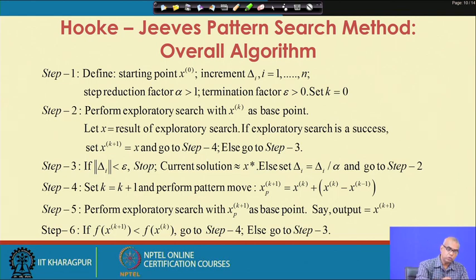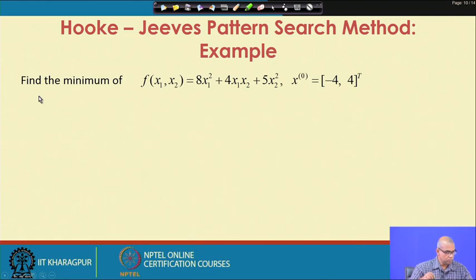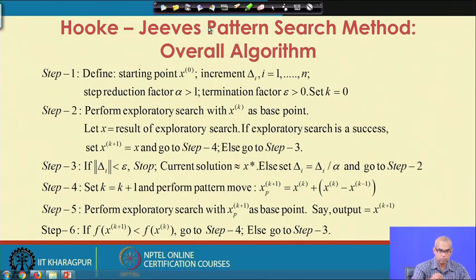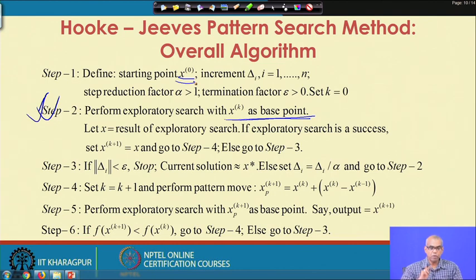Now, in step 2, you perform exploratory search with x k as base point, k equal to 0. So, x of 0 is the base point. Let x be the result of the exploratory search.